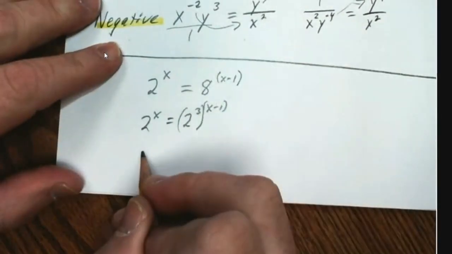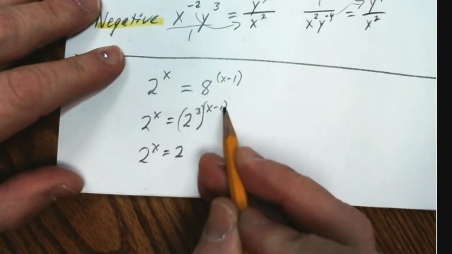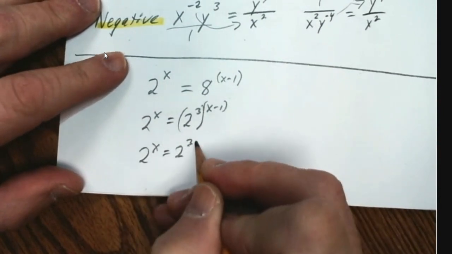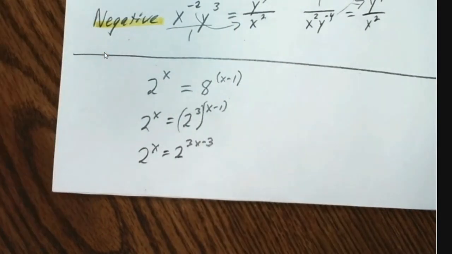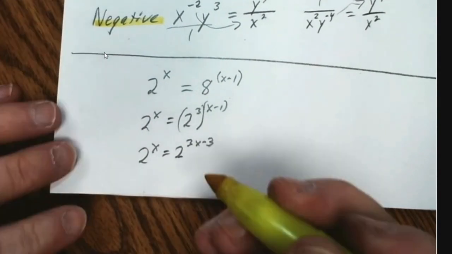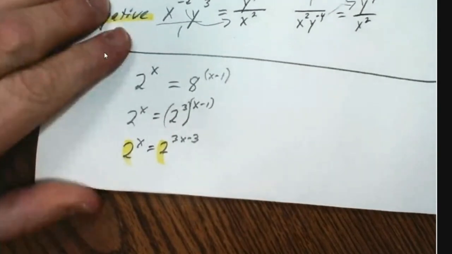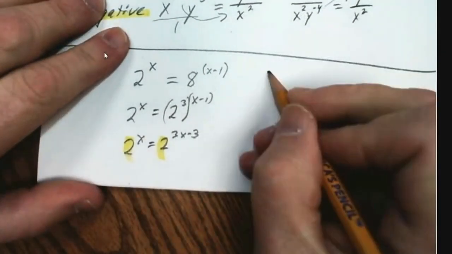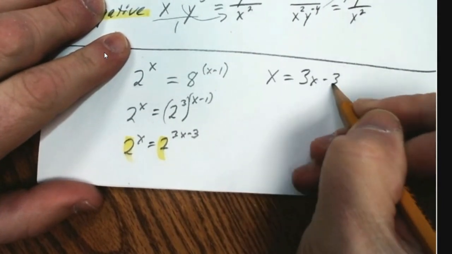Now we can rewrite it as 2 to the x equals 2 to the, and I can multiply these, 3x minus 3. All right. Now what have I got? I've got the same base. They're both base 2. So to solve that, I can just take their exponents. x equals 3x minus 3.